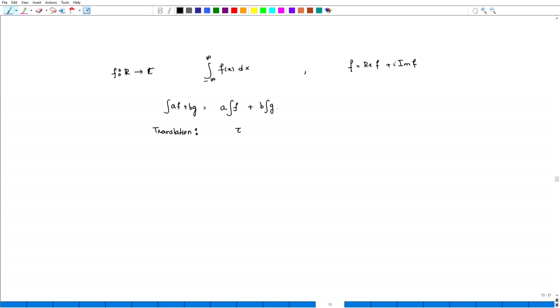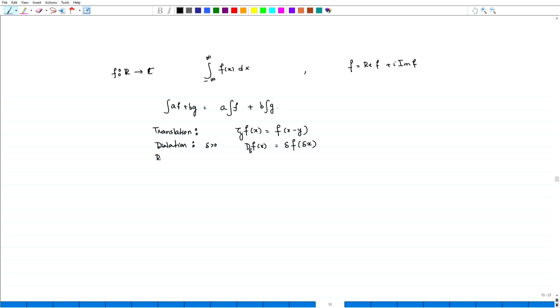This is equal to τ_y f at x, which is equal to f(x − y). Then this is dilation: you take δ > 0 and we define D_δ f(x), which is equal to δ times f(δx).